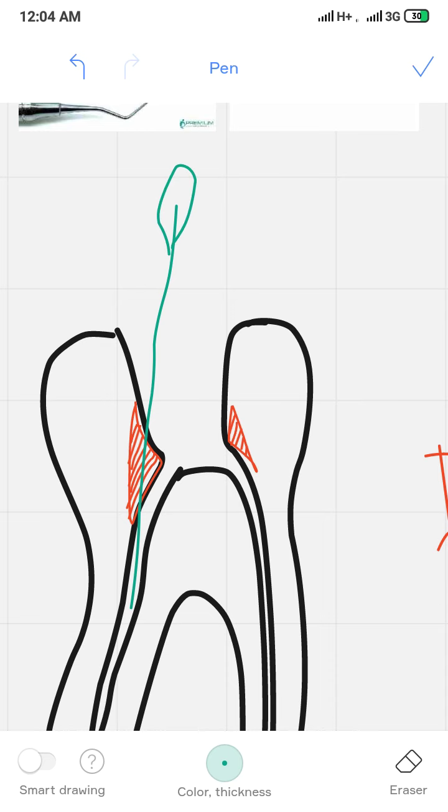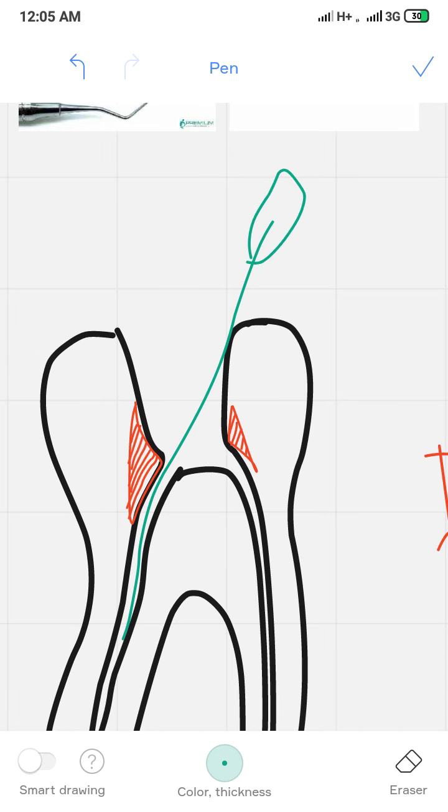Yeah, but the dentinal triangle is on the way. So what will happen is that our file will go in like this, and that is a problem.